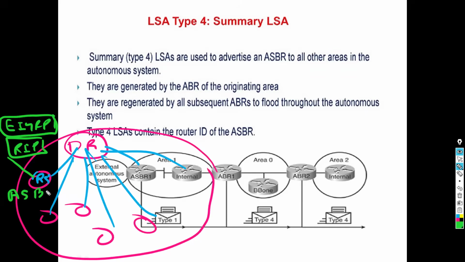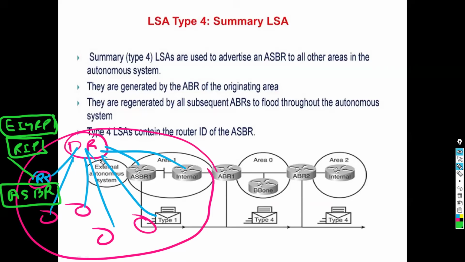Remember, in OSPF we have ABR and ASBR. What is an ASBR? One of its interfaces is participating in a different routing protocol, and its other interfaces are part of any area in OSPF. This is called an ASBR router, autonomous system border router.